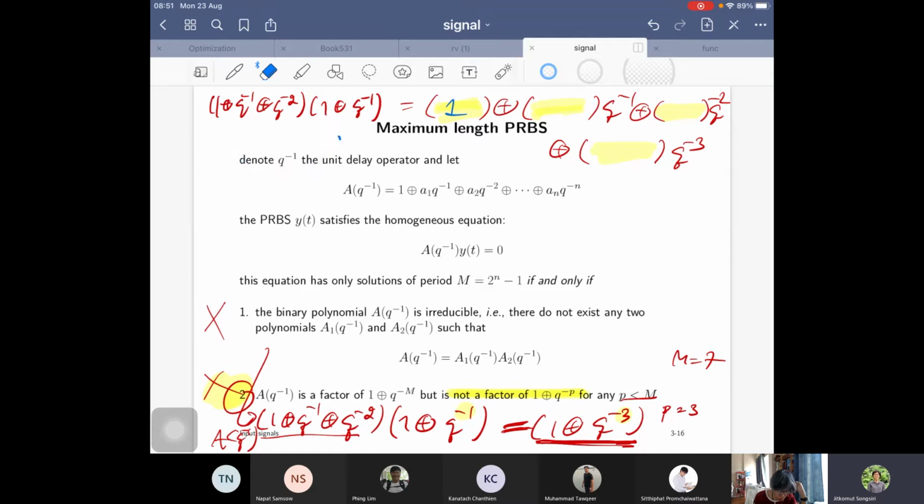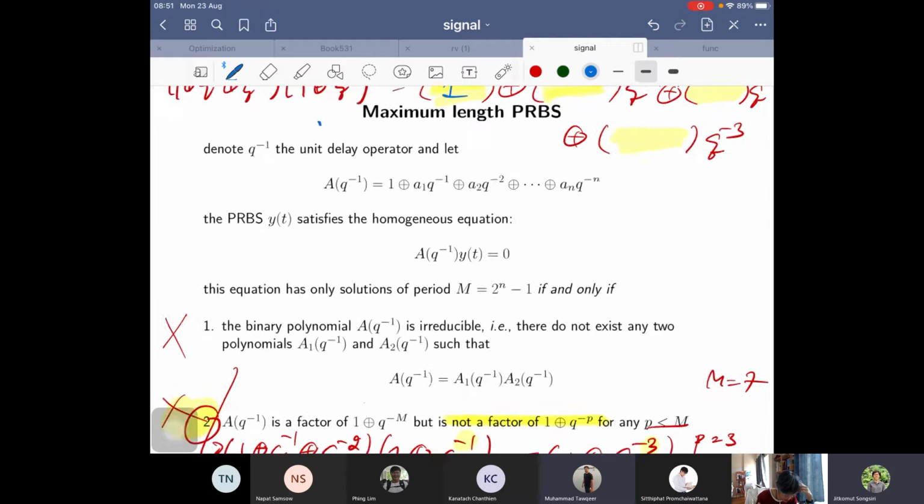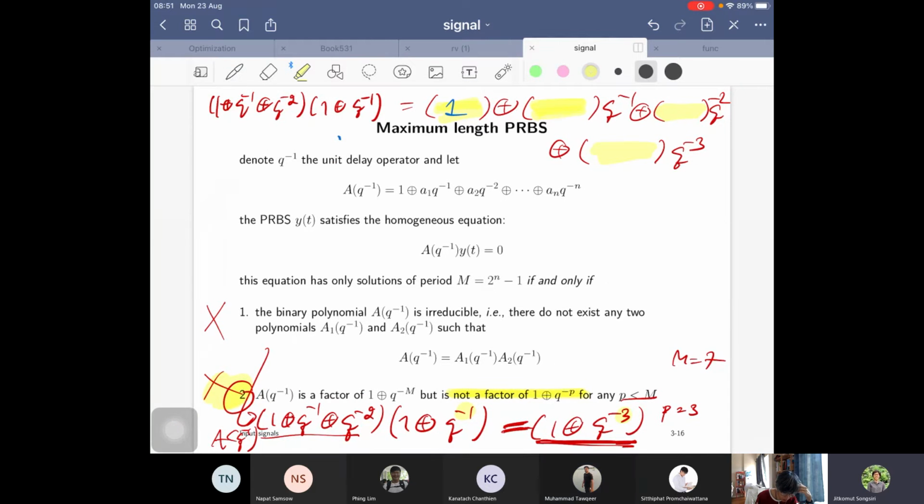What about the term that involves Q to the minus 1? Which term? Muhammad. Okay, can you repeat the question? The question is, I'm looking at the results of multiplication according to Q inverse, so I should look at these pairs, and what else? 1 and this.